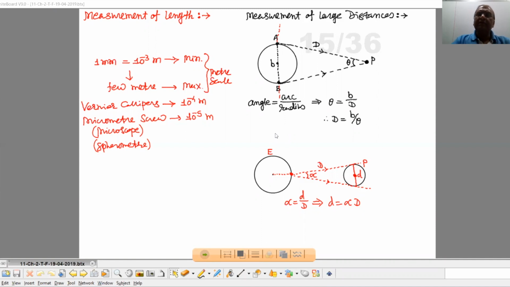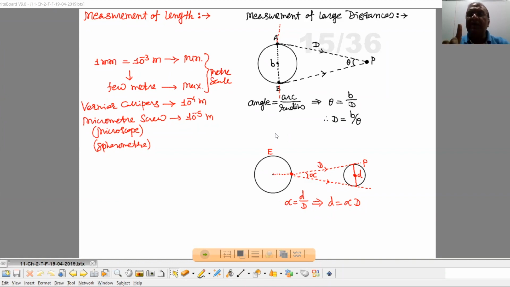Okay, now on a meter scale there are 100 divisions. Each division stands for 1 centimeter, and per each centimeter 10 small divisions are there. It implies that each small division stands for 1 millimeter, because the total small divisions in a meter scale are 1000.